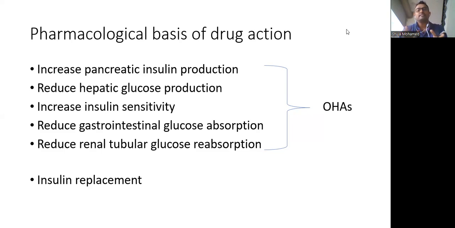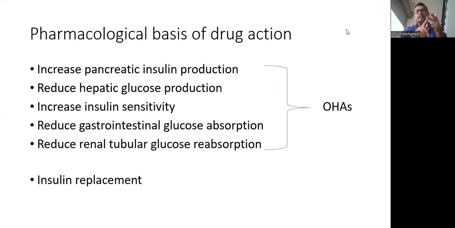So what are these oral hypoglycemic agents going to do? What is the pharmacological basis of the drug action? They increase insulin production. When you have enough insulin, it reduces the hepatic glucose production. One of the major organs where gluconeogenesis happens is the liver.